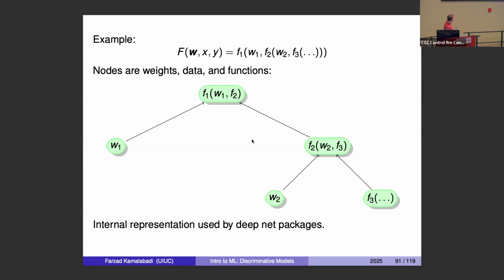For example, these nodes are weights, data and functions, and we have this composite structure, so that you can see F3, weight 2, building up this function, and that building the previous function. And this computation graph is the internal representation used by deep net packages.